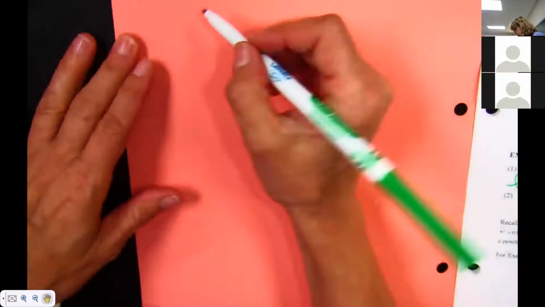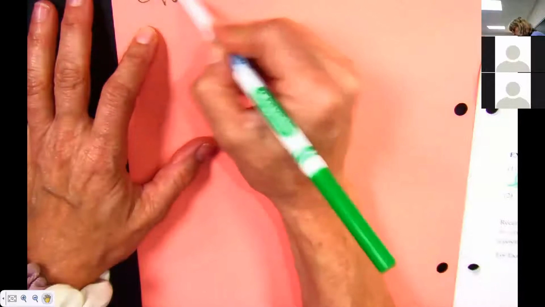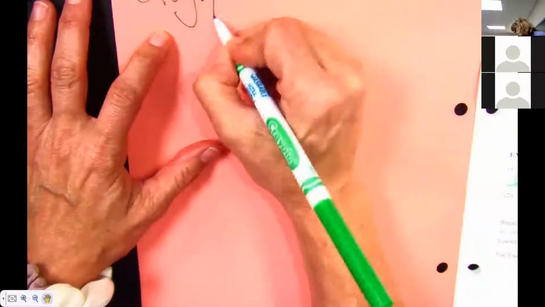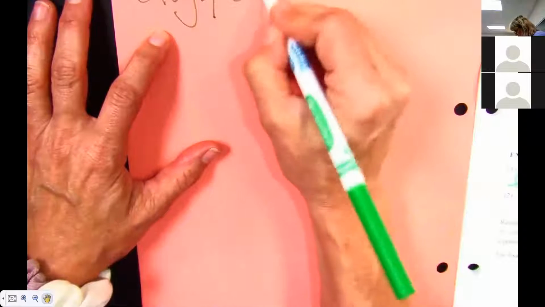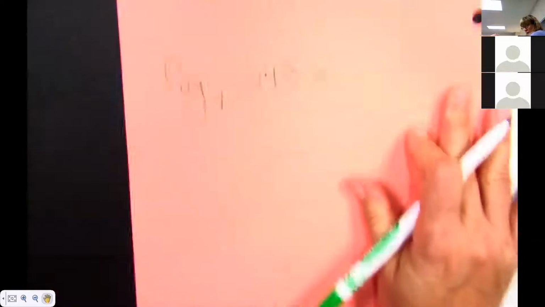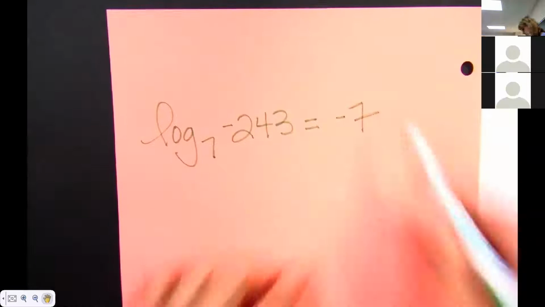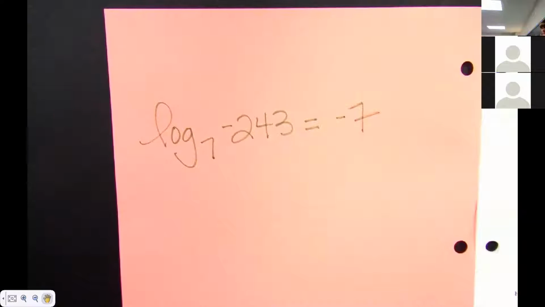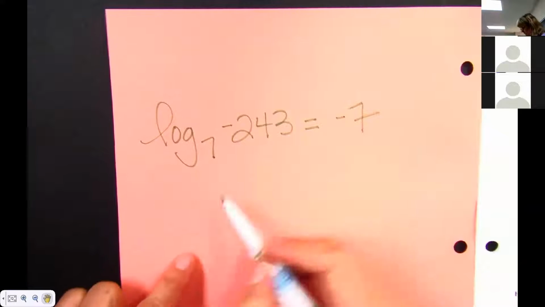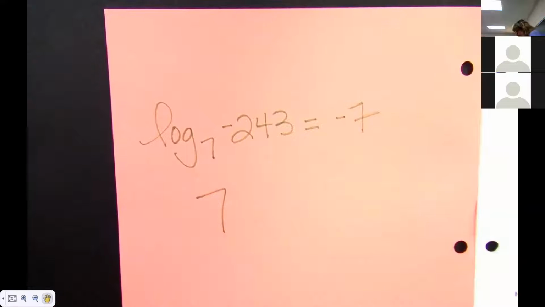I'll write it down. Let's say we take log base 7 of negative 243, and that's going to equal, I don't know, let's say negative 7. I totally made that up. I'm going to put that back in exponential form. What is the base? 7. What do logs always equal? The exponent.